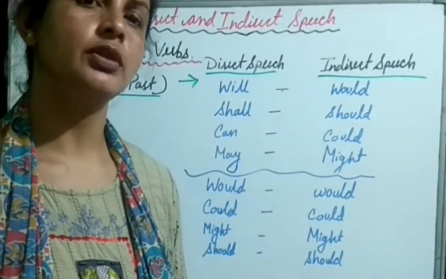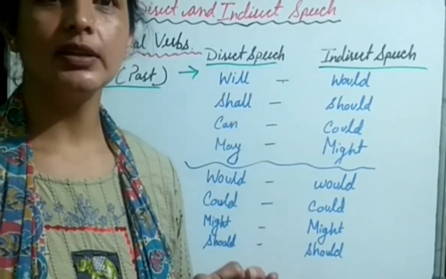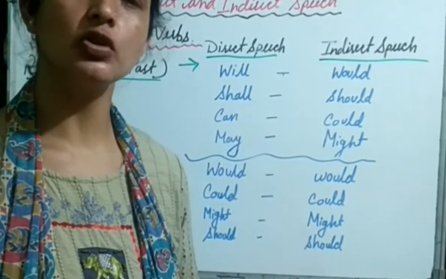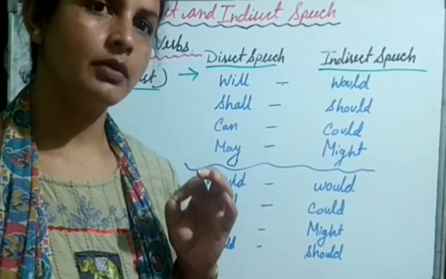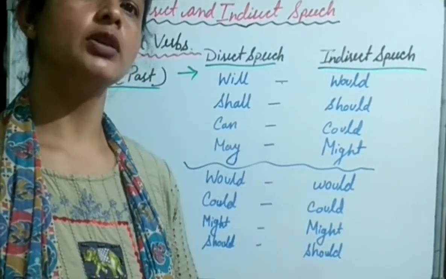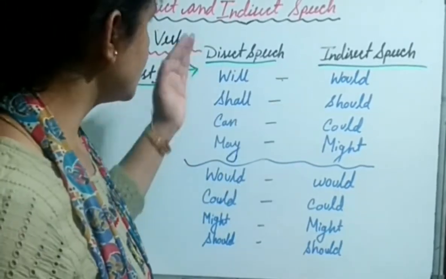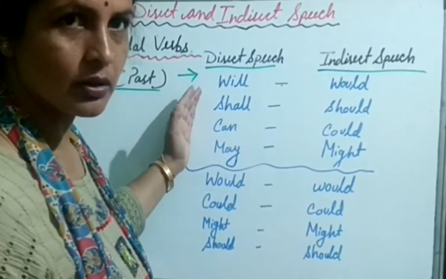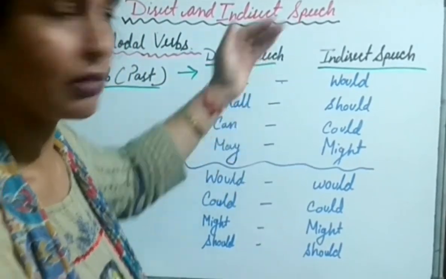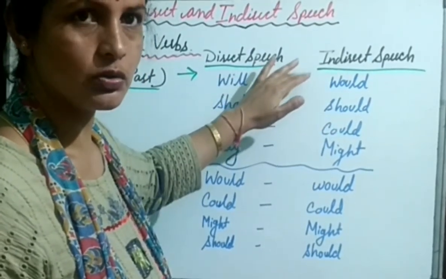Here we are going to discuss change in modal verbs. The condition is the same here, children: if the reporting verb is in past tense, the modals change in the reported speech. If modal "will" is used, we change it into "would".